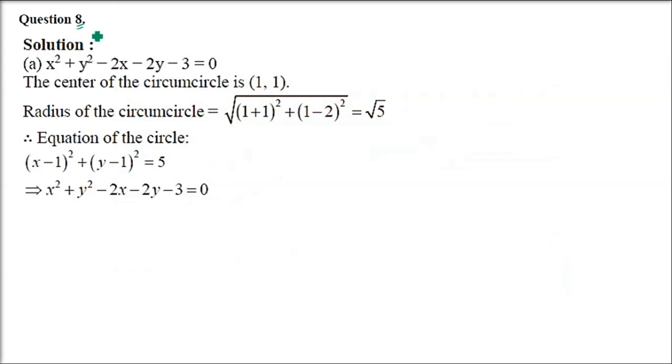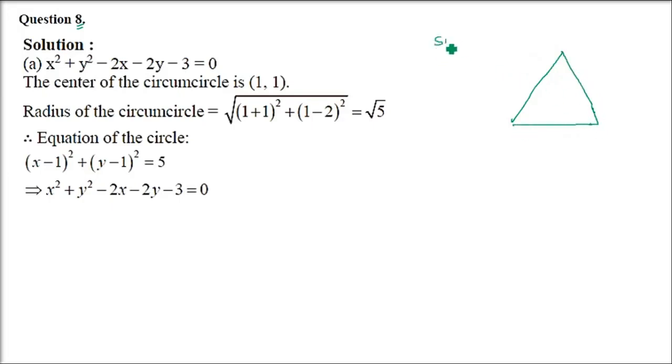This 8th question is: if the centroid of an equilateral triangle is 1, 1 and one vertex is minus 1, 2, then the equation of its circumcircle is. So this is an equilateral triangle.